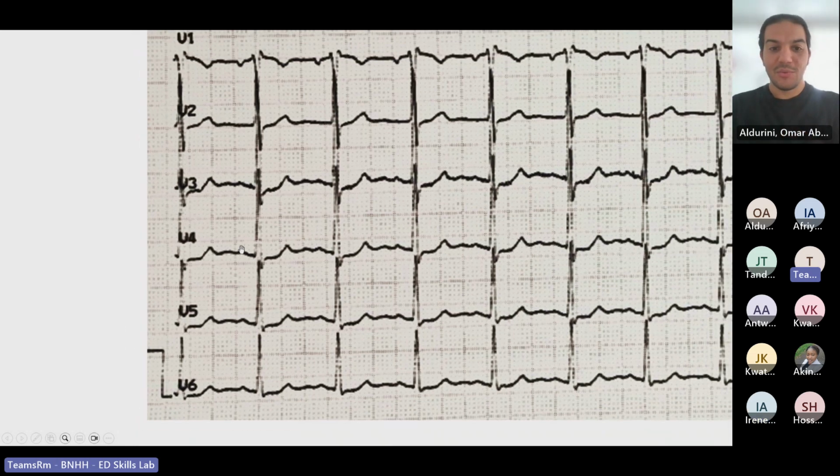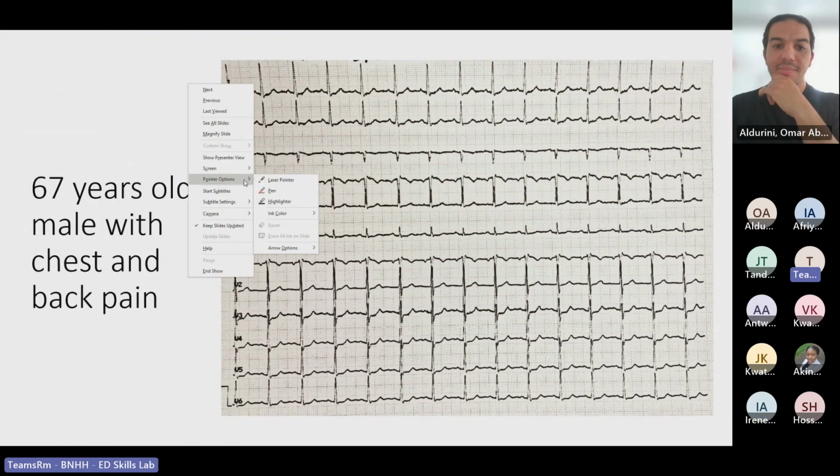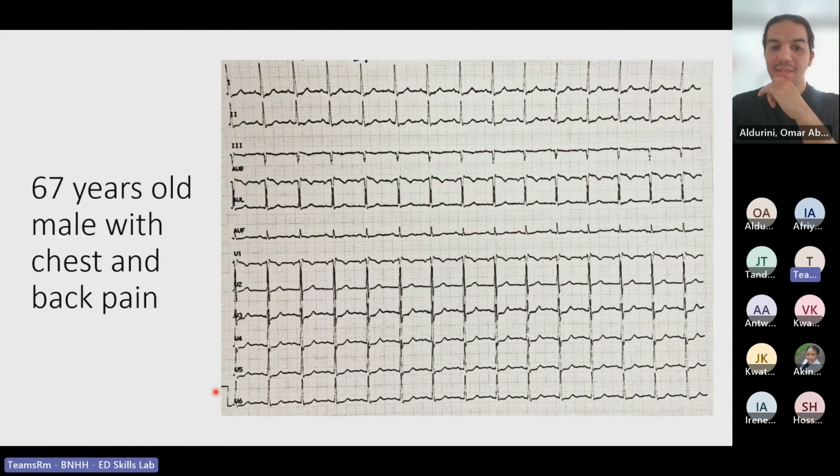Okay. We go back. Can you recall which leads have which changes? In this case it's an ST segment depression. So we have lead 1 and lead V3 through lead V6.